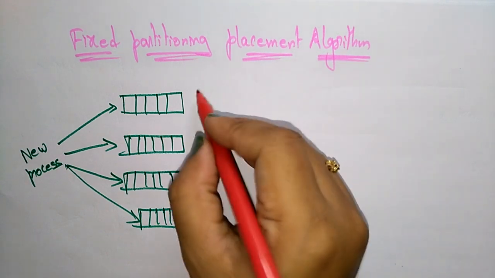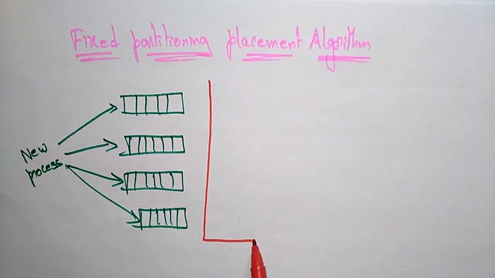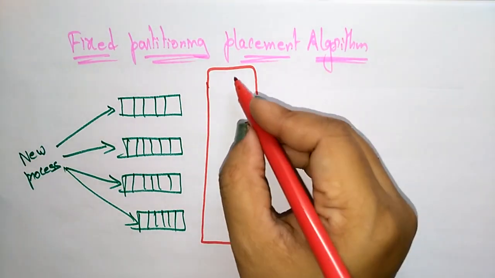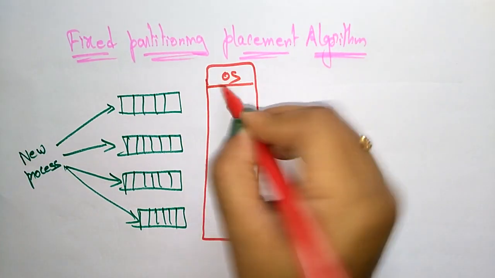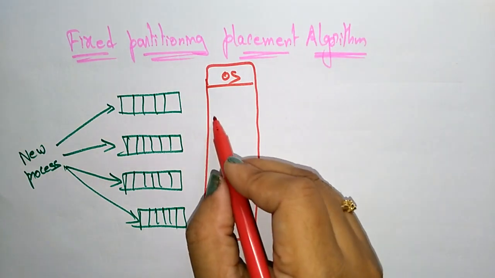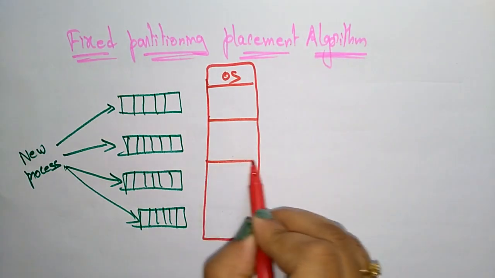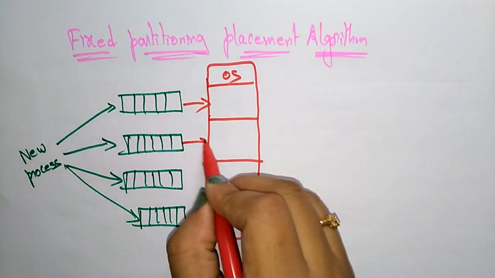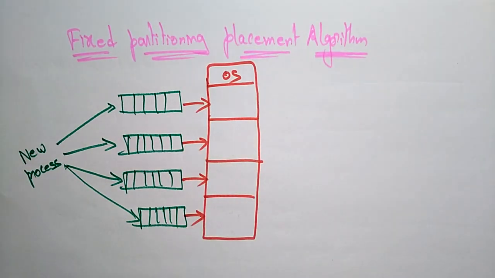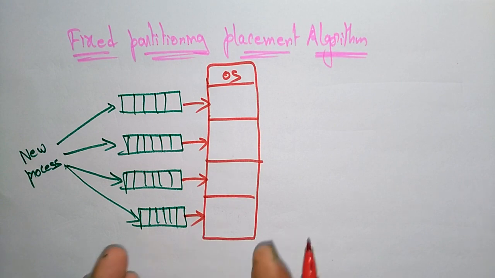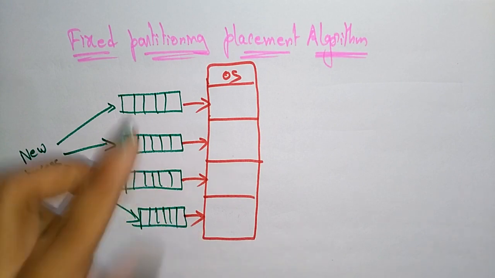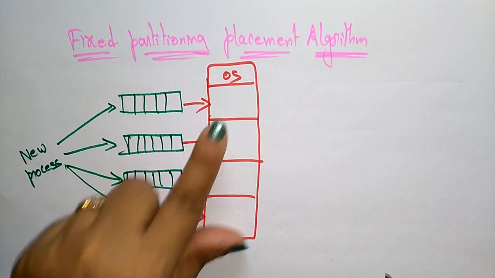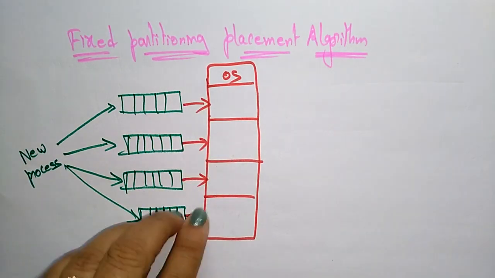Taking the main memory, first the operating system is stored, and each queue occupies one slot, one segment. This you call one process queue per partition. For each partition, one process queue is arranged.